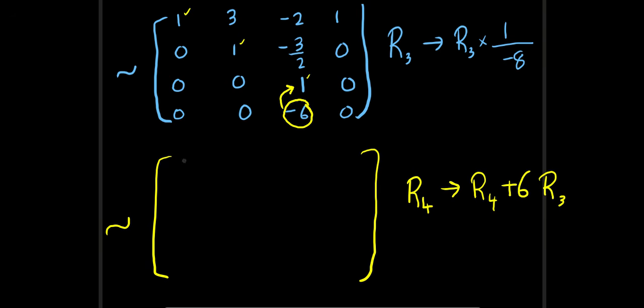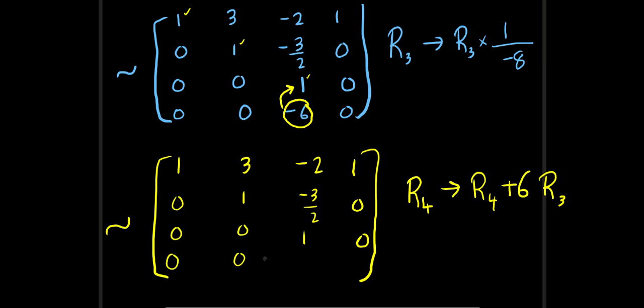Okay. So first row as such, second row as such, third row also same, and finally 0 plus 6 into 0 plus 6 into 0 and 0 and 0. Now look at this.